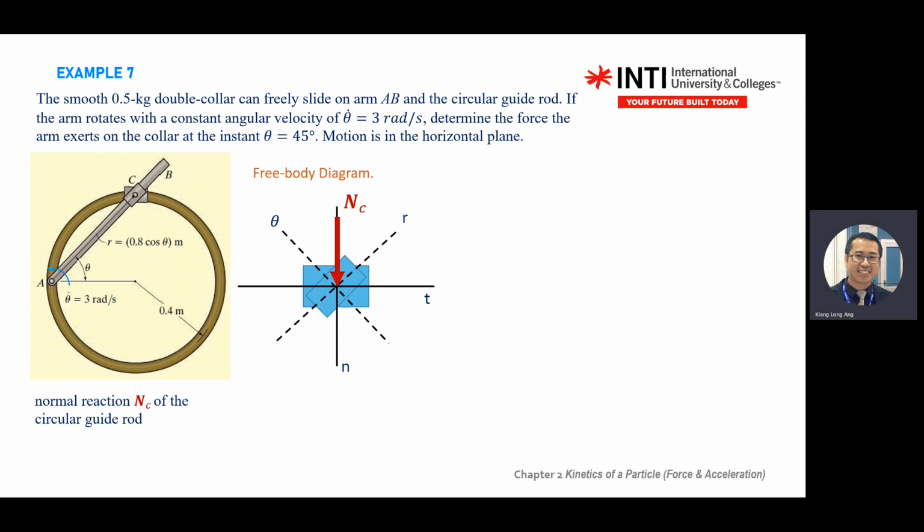Why is the arrow pointing this way? Why is the N not pointing up but pointing down? Okay, so N is pointing down because there's a contact from C onto the ring here.